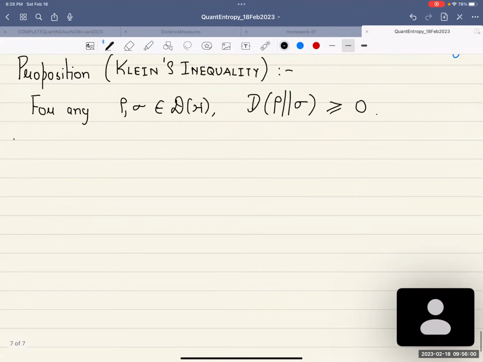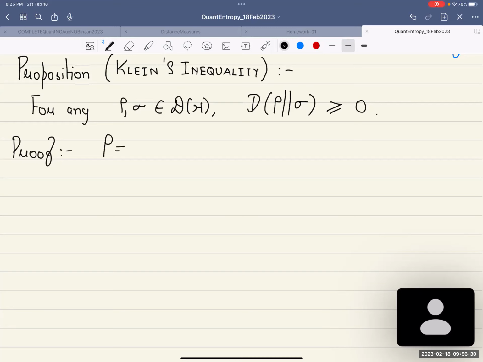Okay, so let's just prove it. It's all finite dimensional, so things are easy. I think the proof in the infinite dimensional case is not easy, and that's maybe why they call it Klein's inequality. That's my guess. In the finite dimension, it's easy. The infinite dimensional proof might not be easy, but there is some recent work that makes it easier. That's what I had heard.